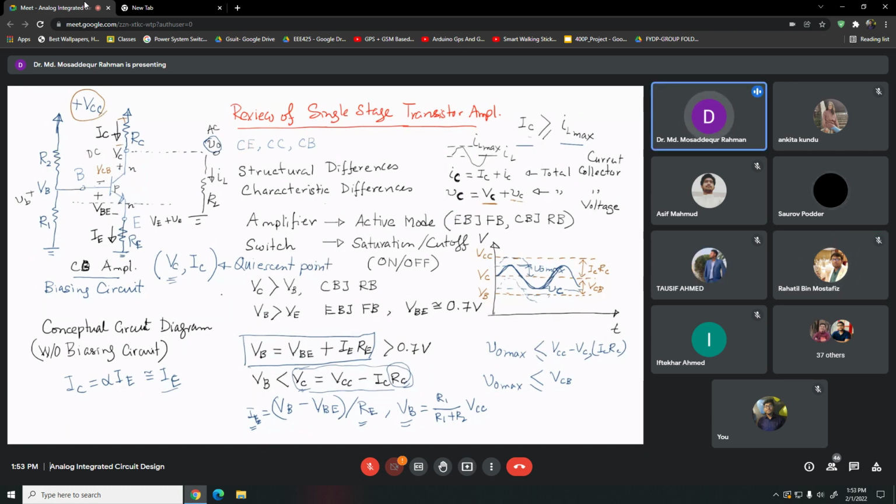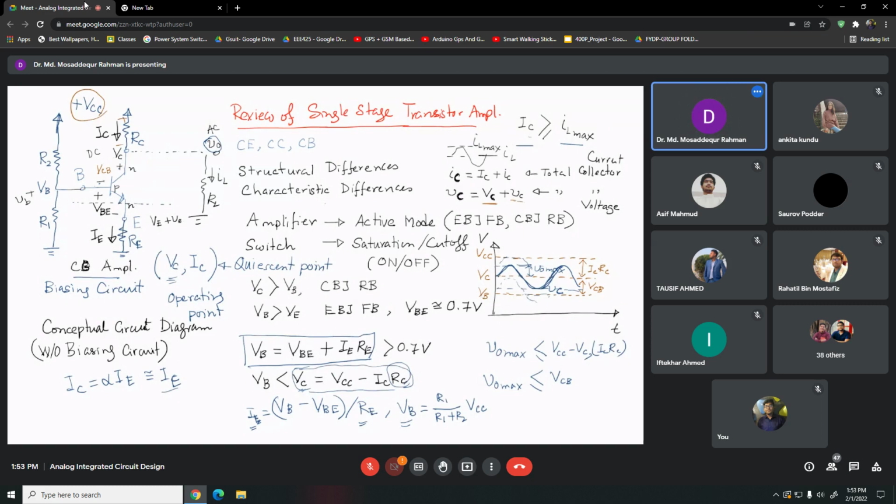We're supposed to know this because I think this is there in Device 1, quiescent point or operating point. These are known as the quiescent or operating point of the amplifier, because the load voltage and current will vary around this value.